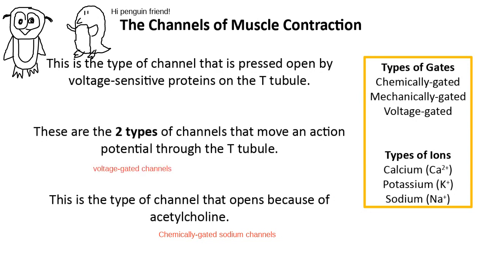Voltage-gated channels. Now, in particular, when we talk about an action potential, there are 2 different kinds of ions that are involved in an action potential. The first one is sodium. Just like we open the chemically gated sodium channels to make the membrane charge go up, we open a voltage gated sodium channel to make the charge go up as well.